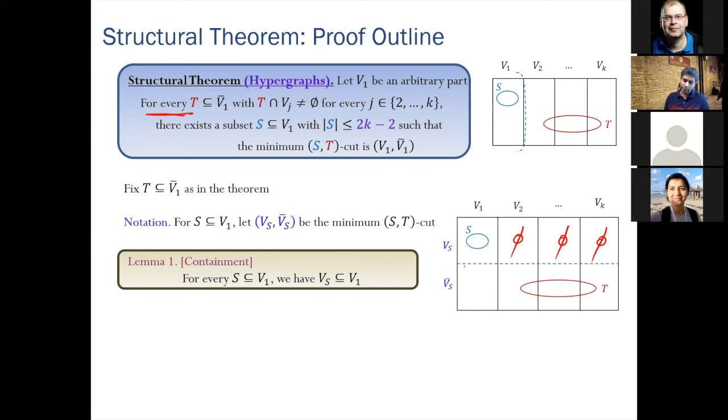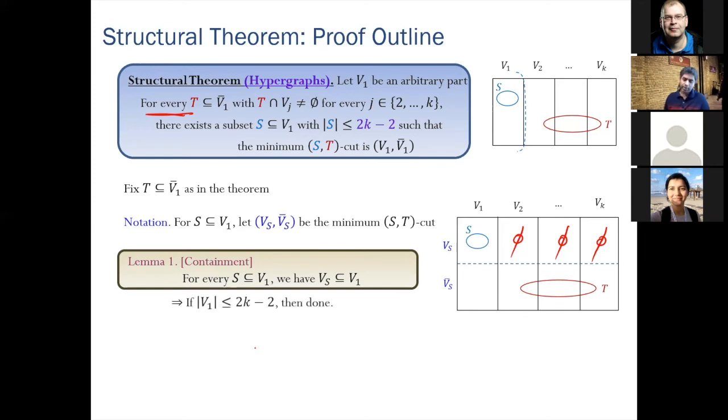The source side of the min ST cut is fully contained in V1. This containment takes you halfway to the structural theorem. In particular, if you take S to be equal to V1, then what is the minimum V1 to T cut? Well, it has to be contained in V1 and it fully contains V1. So the minimum V1 to T cut is exactly V1.